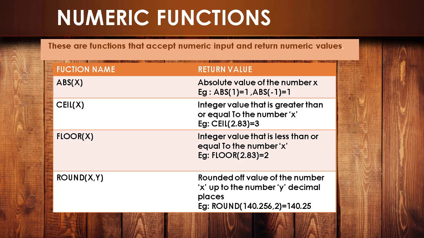So up to 2 decimal places, it will round off the value, that is 140.26 will be the rounded value of the x value 140.256. It will round off the value up to y decimal places, that is 2 decimal places. So these are the different numeric functions.